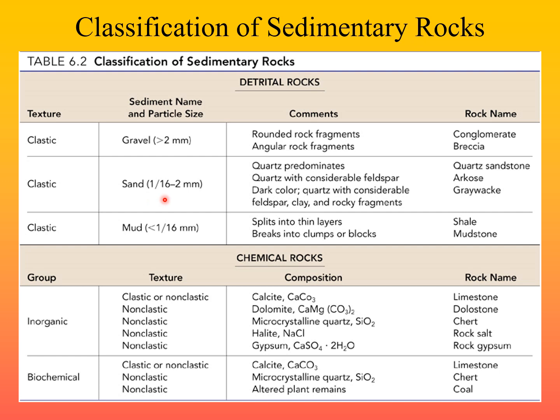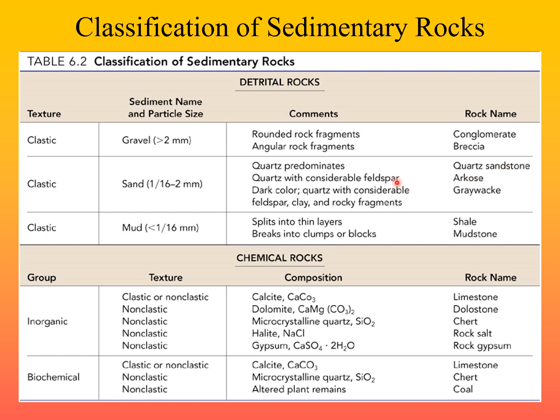You can get the different medium grade sands, right? Sandstones made from sand clasts, from sandy sediment. And that's where the quartz tends to dominate. You get the quartz sandstone. If it's quartz with considerable feldspar, so much more red in color or pink or orange in color, we call that an arkose.